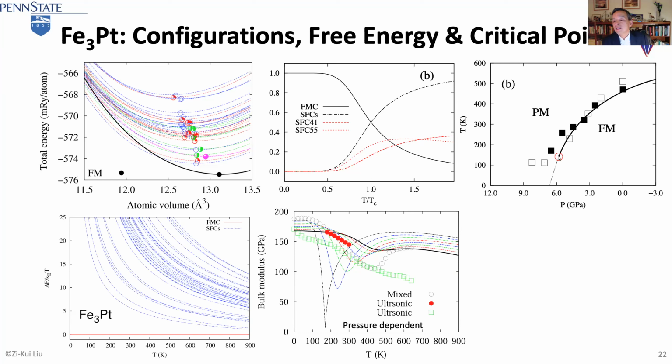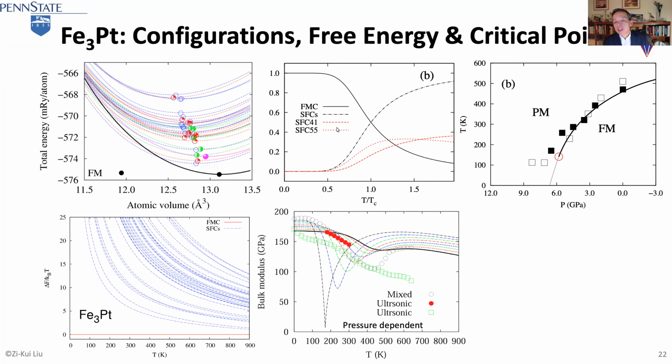You can see that we get a second order transition, and again the symbols are experiments, and then a first order transition. It's amazing that the agreement is remarkable. Again, this considers no fitting parameters, not even a model. It is purely the range of different configurations from density functional theory, DFT, and then putting them together by statistical mechanics.